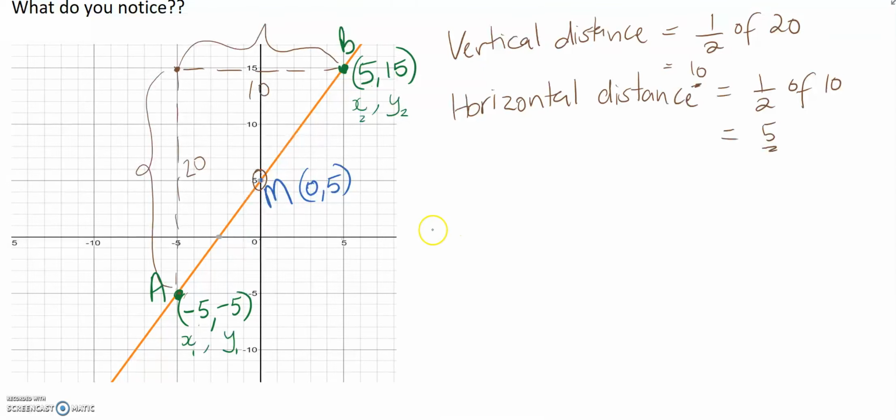In terms of writing it as a formula, this point is 0 and that's 5.